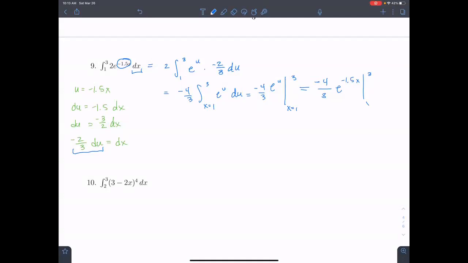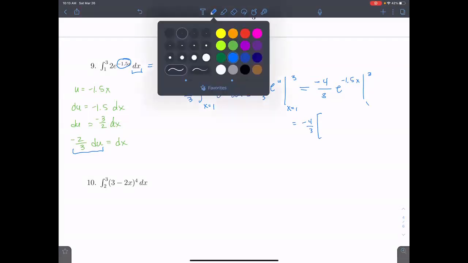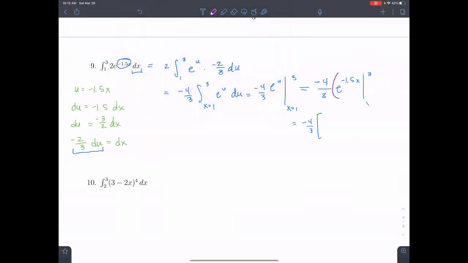When I plug in 3, I have negative 4/3. I'm just going to put that on the outside, and then do this part. So I would have e to the negative 1.5 times 3 minus e to the negative 1.5 times 1.